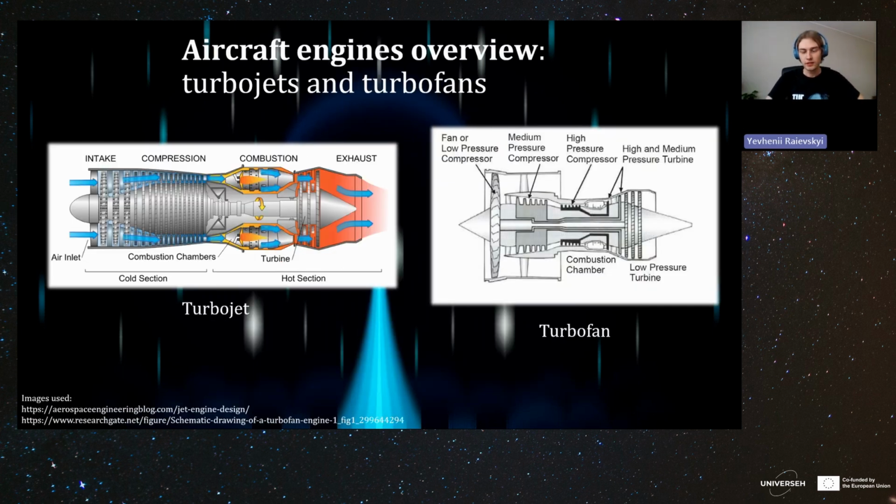As we've discussed, the lift force acts on the wings of the aircraft and causes it to move up. The next part is the thrust. The thrust is the force generated during the work of the aircraft engine to move it forward.